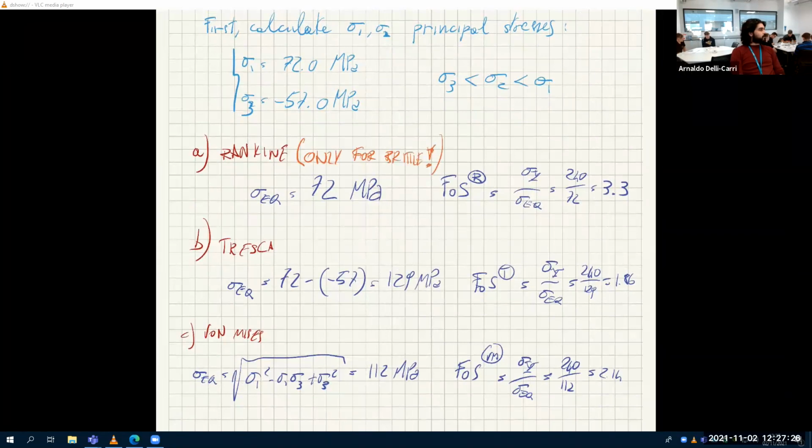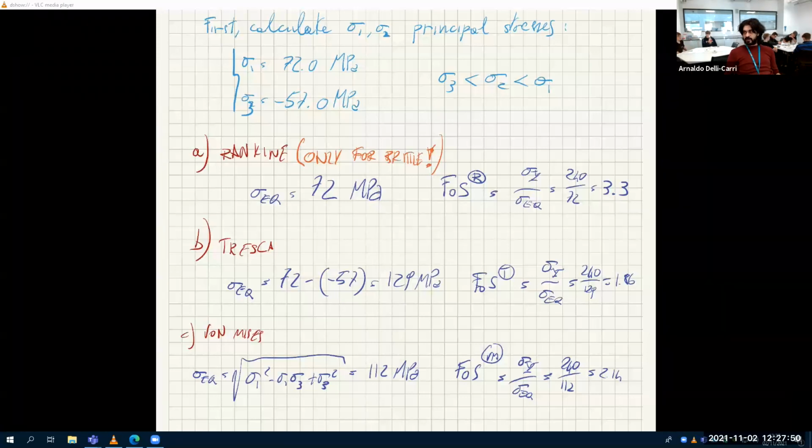Okay, now if you are a chartered engineer and you are summoned to a court that has to check the responsibility for the design of a structure that has failed and has killed some people, you will be redoing the calculation that the designer had done.